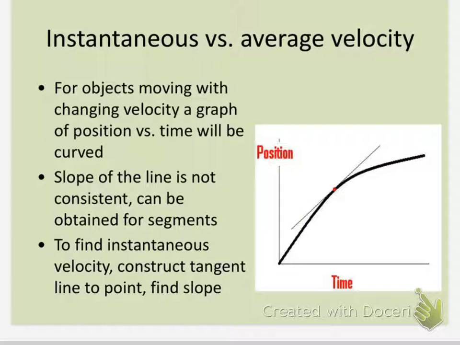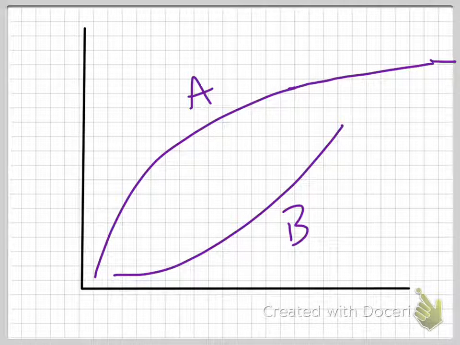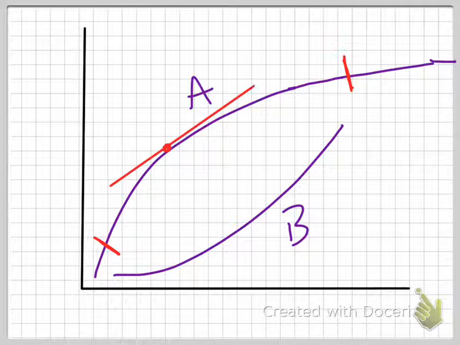When we look at this line, we can't get a slope for the whole thing because the slope changes throughout the line. What we can do, however, is take a portion of the line, a single point, and draw a line that is tangent to that point.